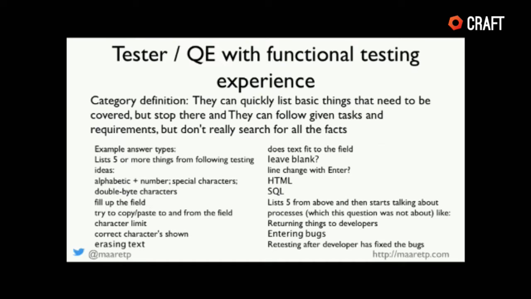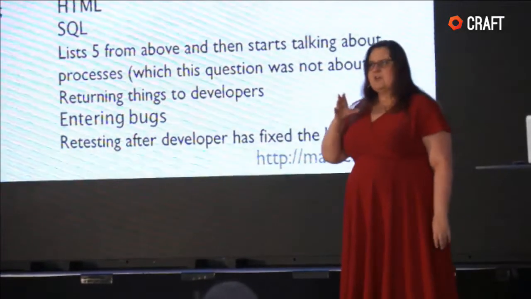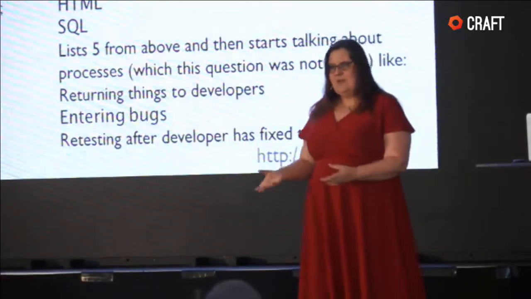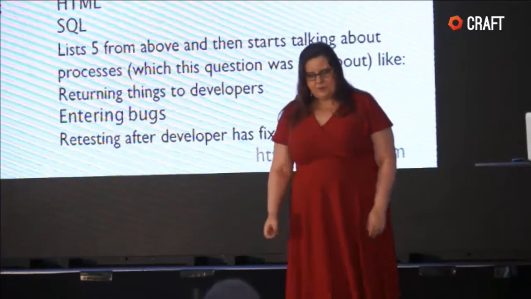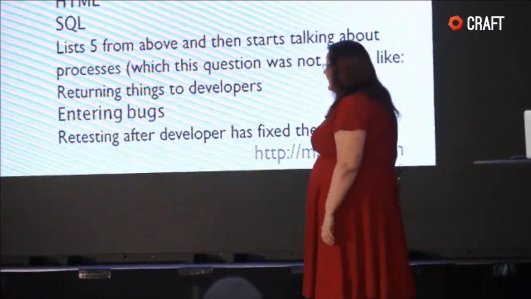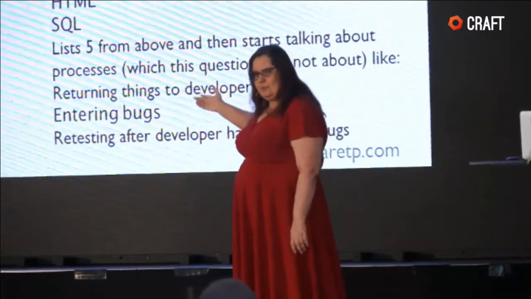But usually this group of people don't really think outside what is in the specification, what's the functionality, what is this supposed to be doing, and making sure that it works. This group of people usually has a great idea of all sorts of things that you can put in there.